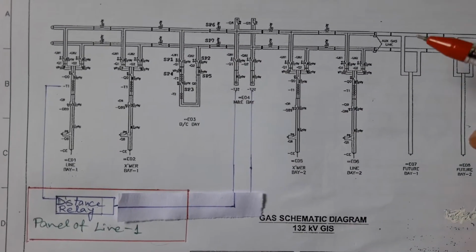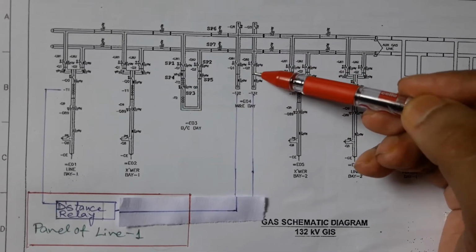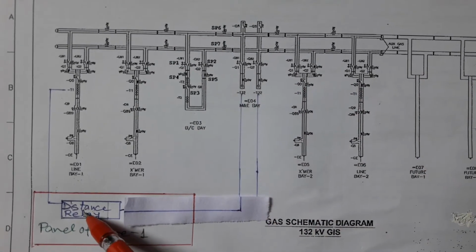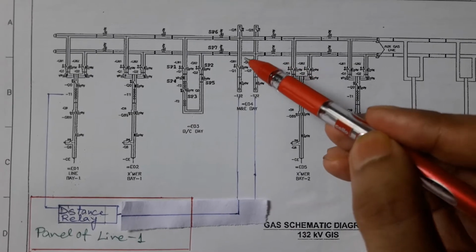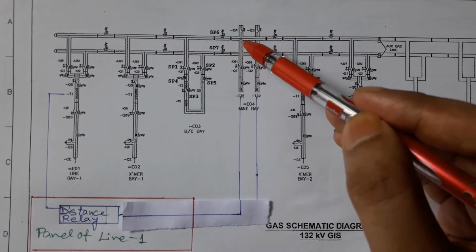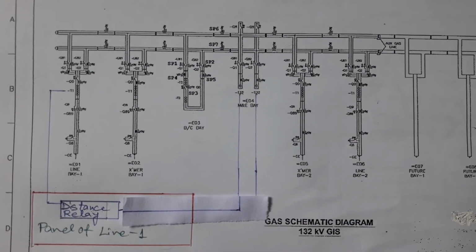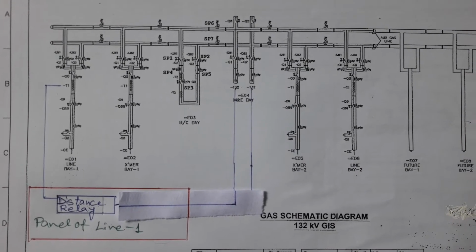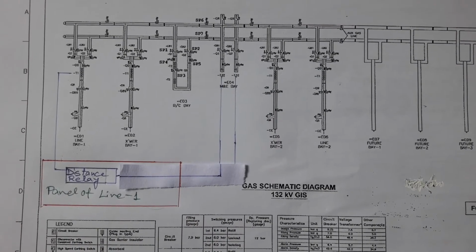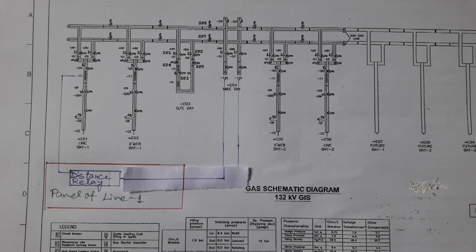So the voltage dip in bus 2 will be recorded by PT2, but this PT2 secondary is not connected with the distance relay, and as the fault is on bus 2, there will be no voltage dip in bus 1, and this distance relay will not record any voltage dip, so it will not issue any trip, so the fault will remain uncleared.